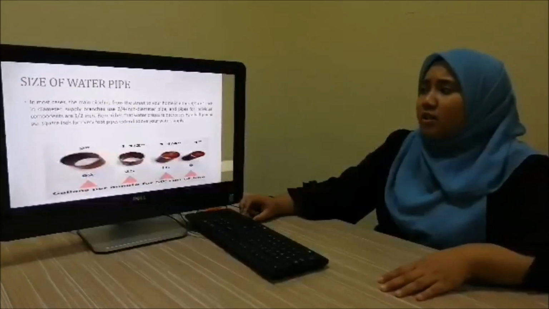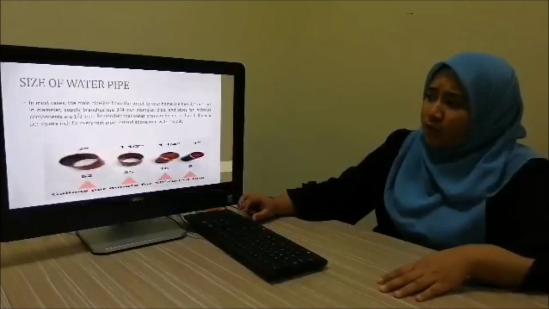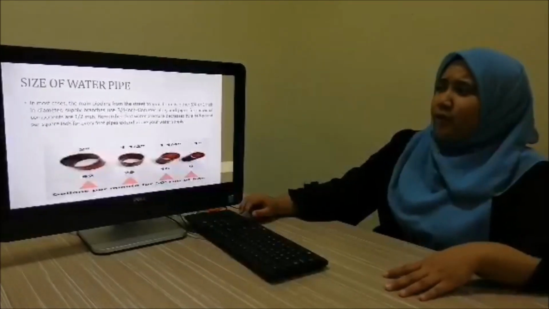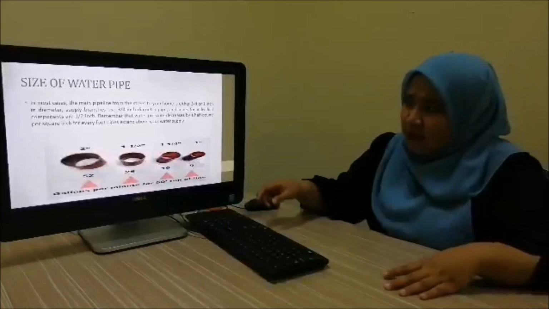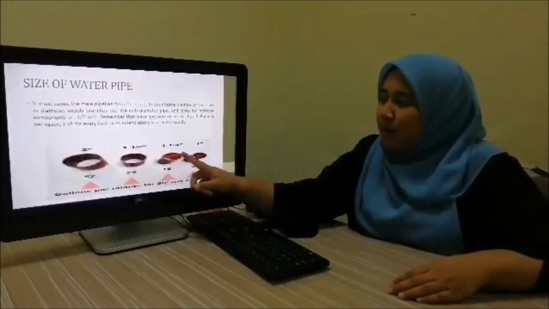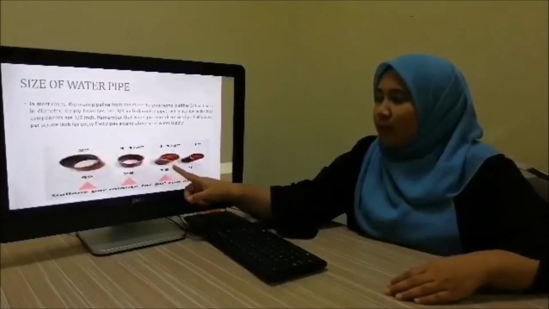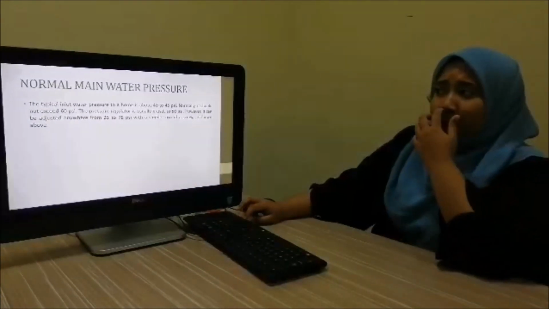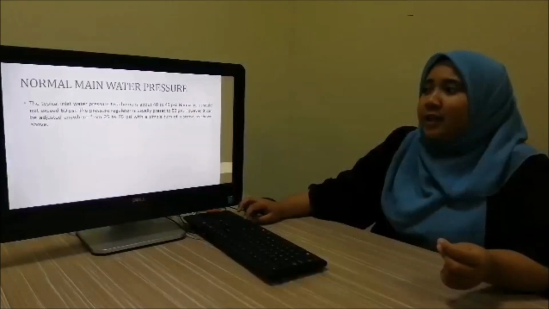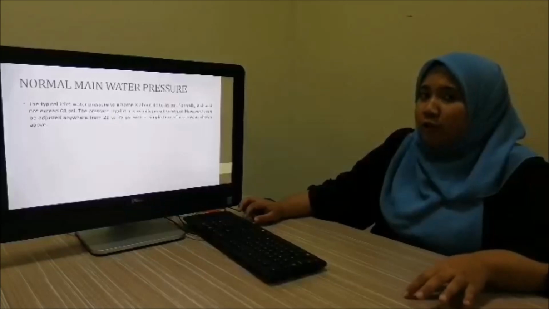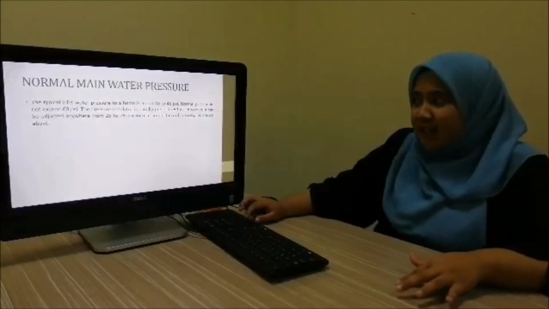Remember, the water pressure decreases by a half pound per square inch for every foot the pipe extends above your water supply. This is 2-inch pipe, 1.5 inch pipe, 1.25 inch pipe, and 1 inch pipe. Normal main water pressure. The typical inlet water pressure to a home is about 40 to 55 psi.